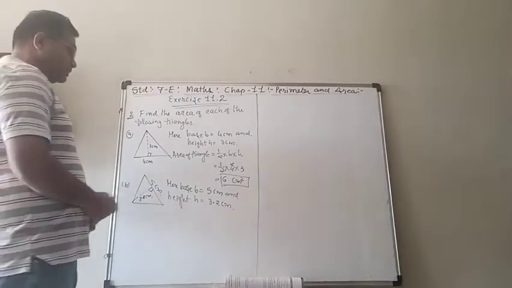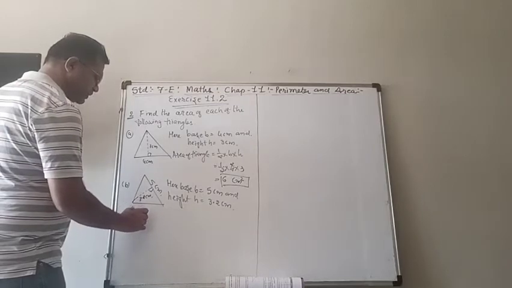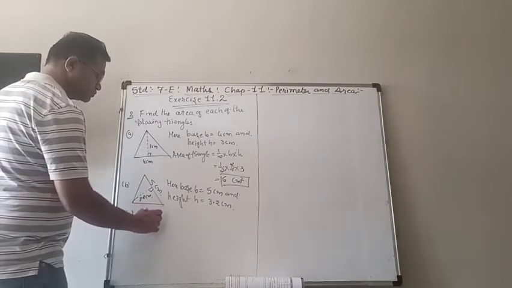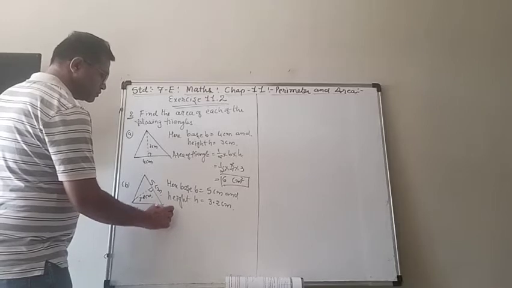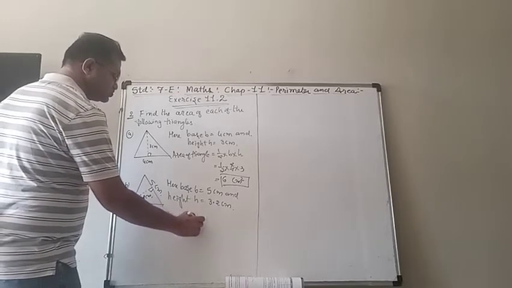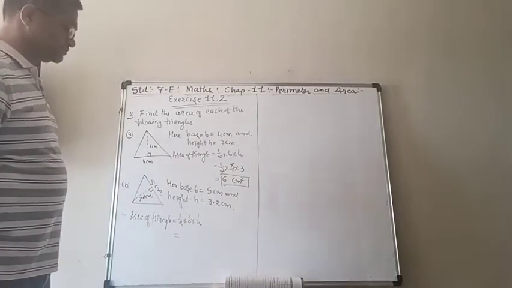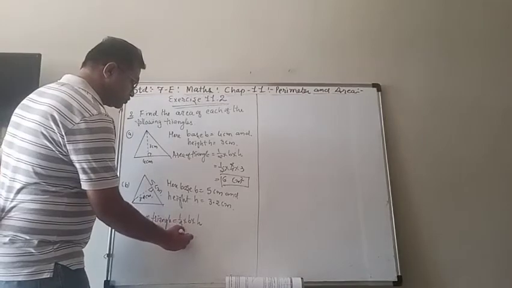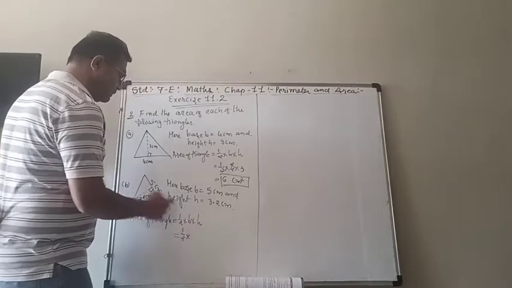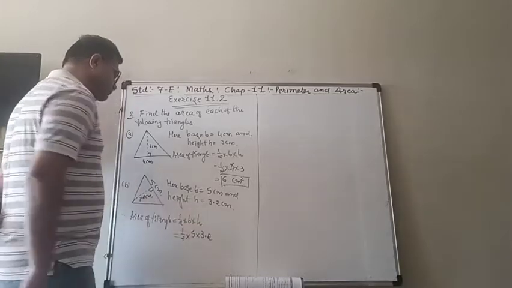So now we have to find the area. Area of triangle is equal to 1 by 2 into b into h, half into base into height, that is 1 by 2 multiplied by 5 multiplied by 3.2.